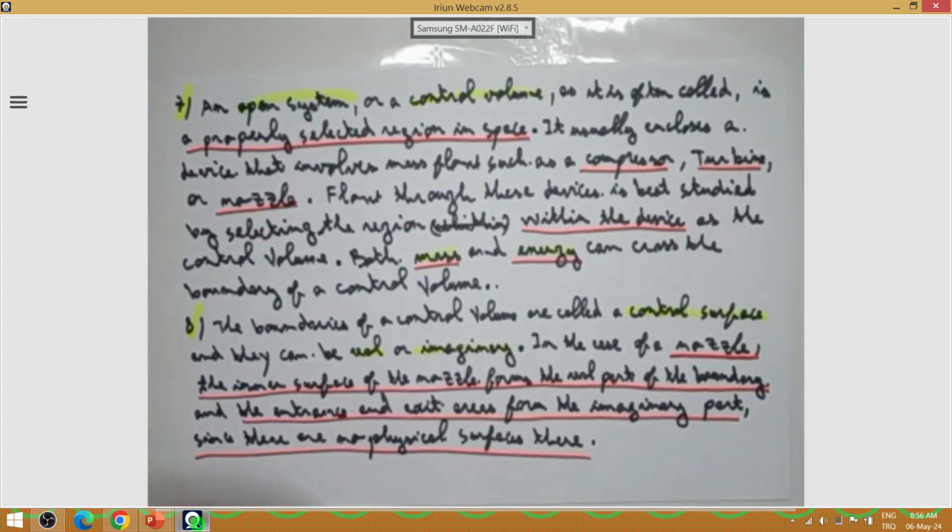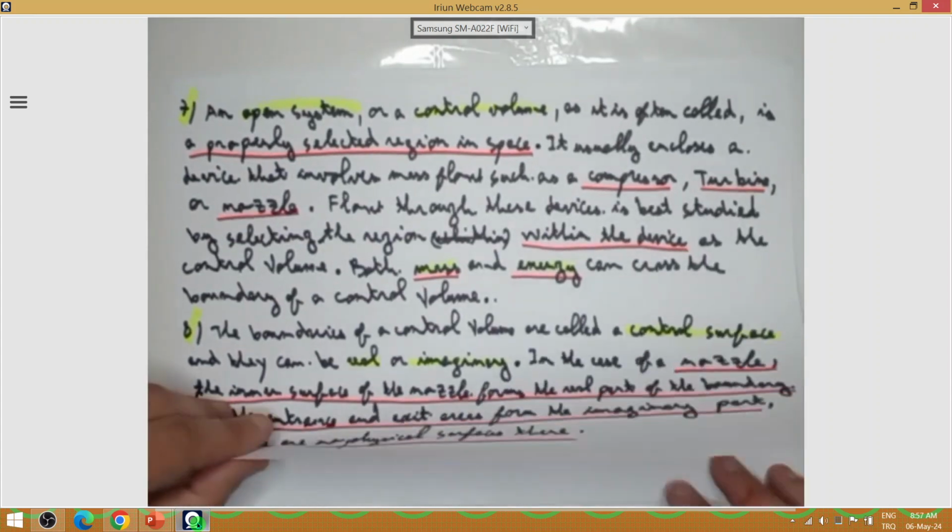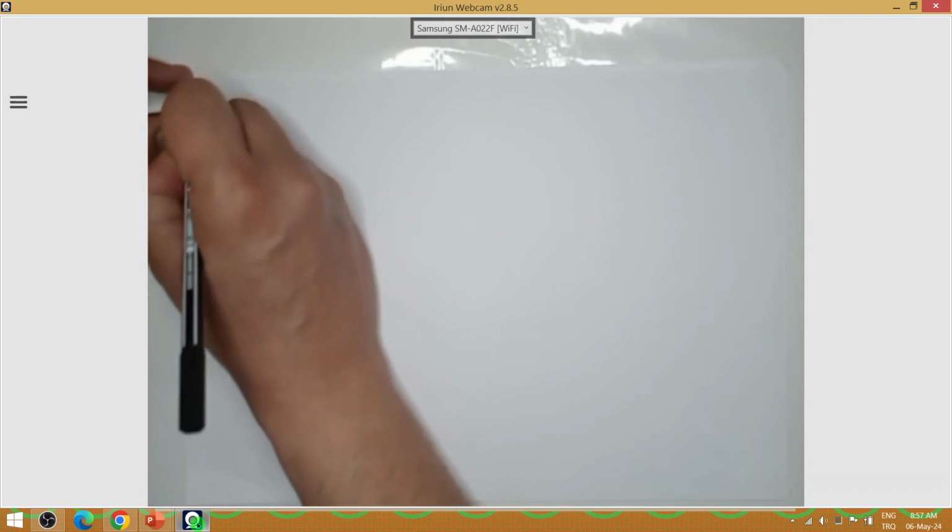Now let's move to our example, which is example 3, in which we will see an example of an open system or control volume. We have seen the example of a closed system.